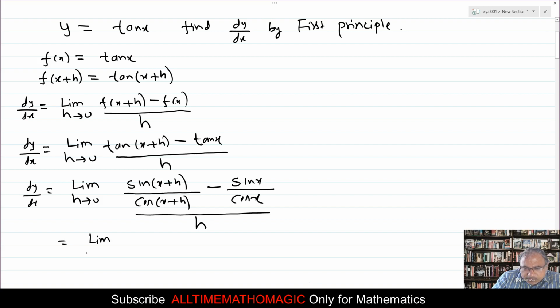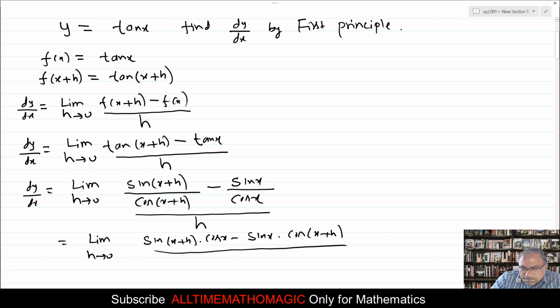Limit h tending to 0, cross multiplication: sin of x plus h cos x minus sin x cos of x plus h, upon cos of x plus h cos x and upon h.